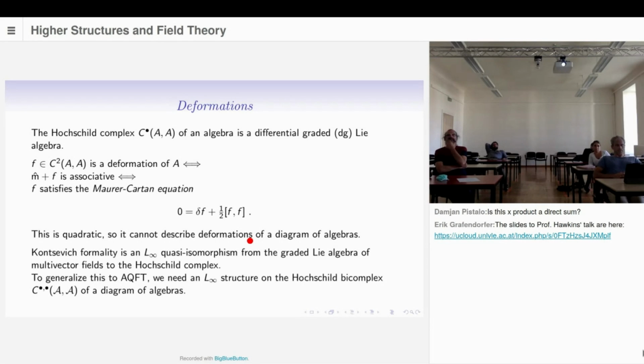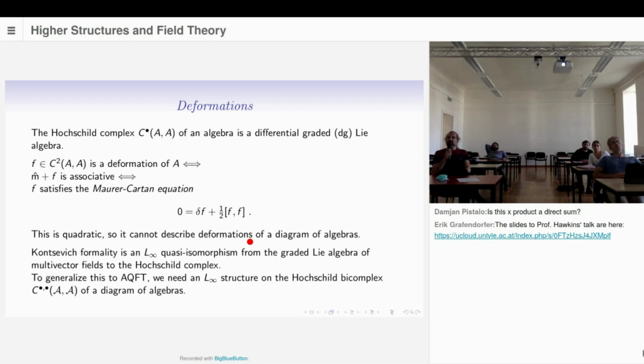So to generalize Kontsevich formality or something like that, to apply it to understanding algebraic quantum field theory, what do we need? We need probably an L-infinity structure on the Hochschild bicomplex of a diagram of algebras. So a differential graded Lie algebra won't do, but L-infinity could, because in an L-infinity algebra, you have a more general Maurer-Cartan equation, which can be potentially of arbitrarily high degree, not just quadratic.